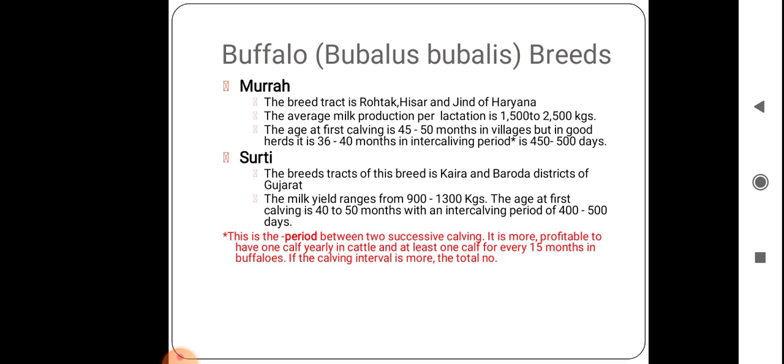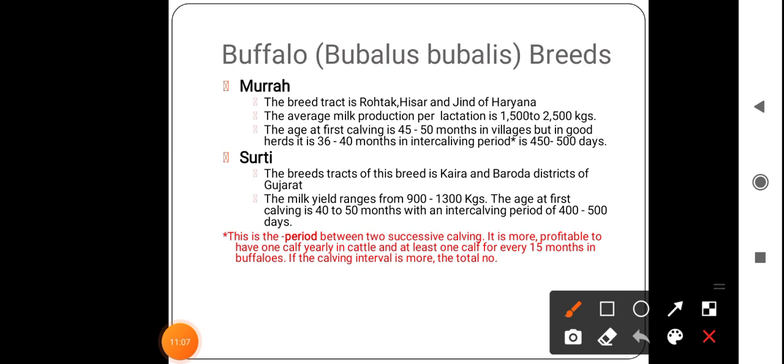So Surti is a breed which belongs to Kaira and Baroda district of Gujarat. The milk yield ranges from 900 to 1300 kgs. The age at first calving is 40 to 50 months, with an intercalving period of 400 to 500 days.